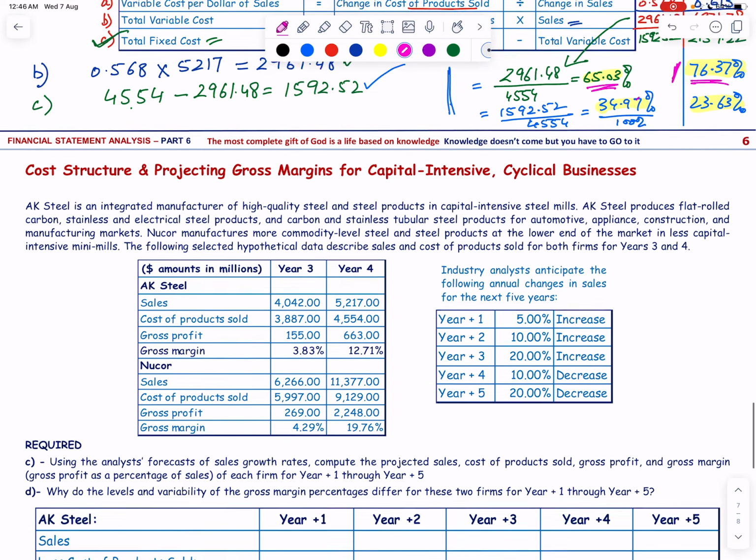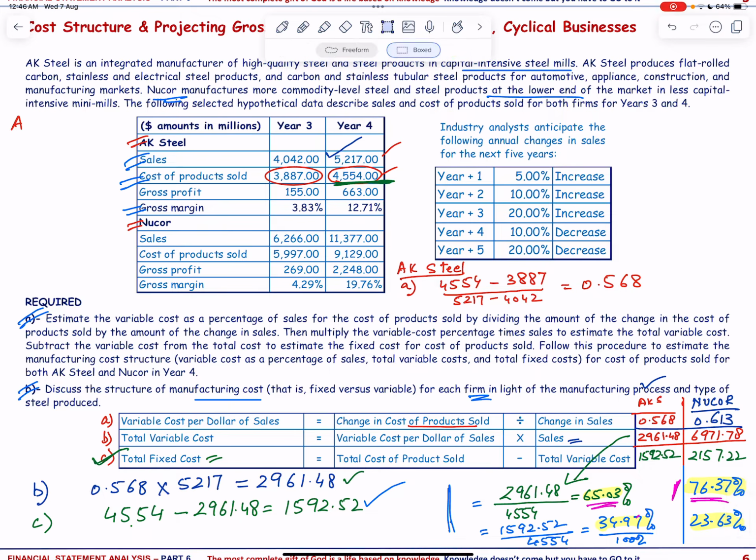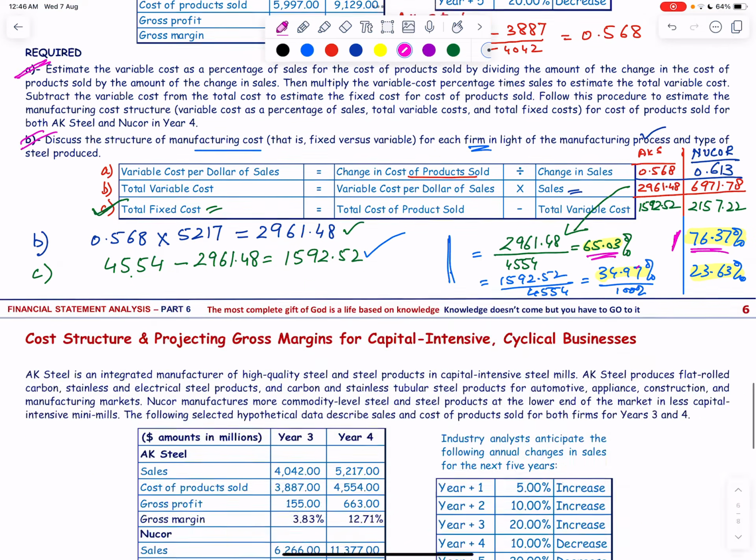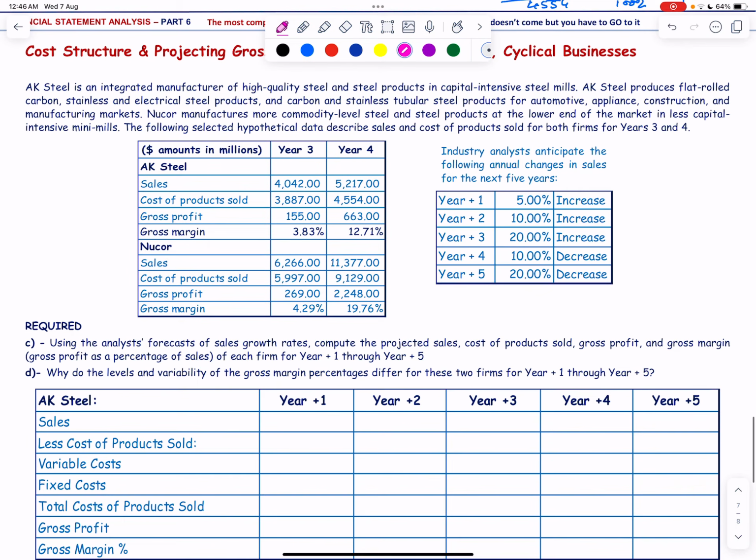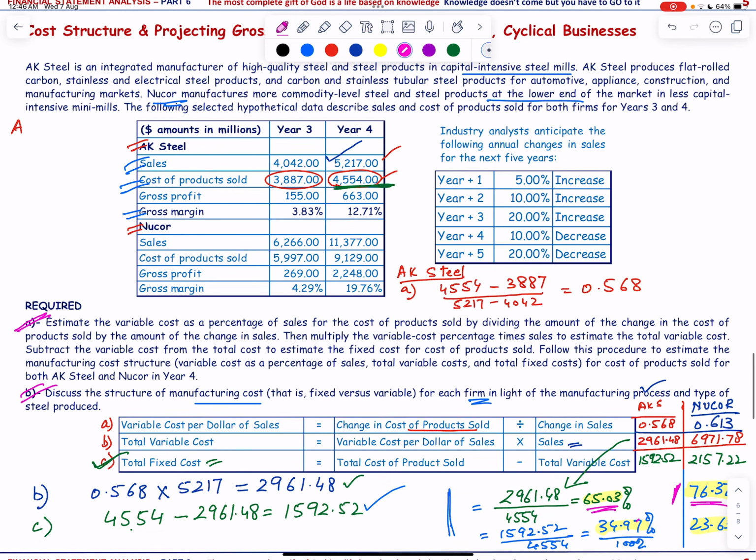So we have done part A and part B of this exercise, and we move on to the same exercise and we go to part C and part D. Now, using the analyst forecast of sales growth rates, we have already determined the growth rates, 0.568, and when we have done all these calculations just now, variable cost per dollar and all, we will be using these figures in our calculations.